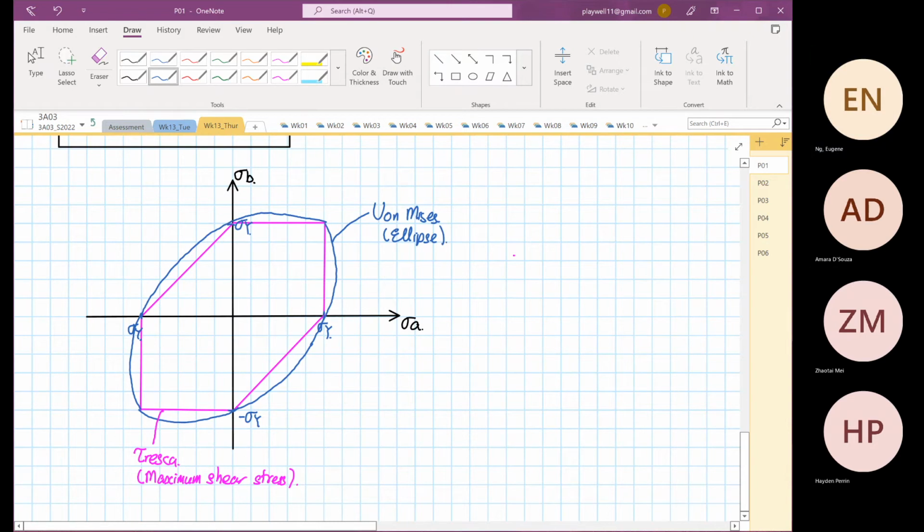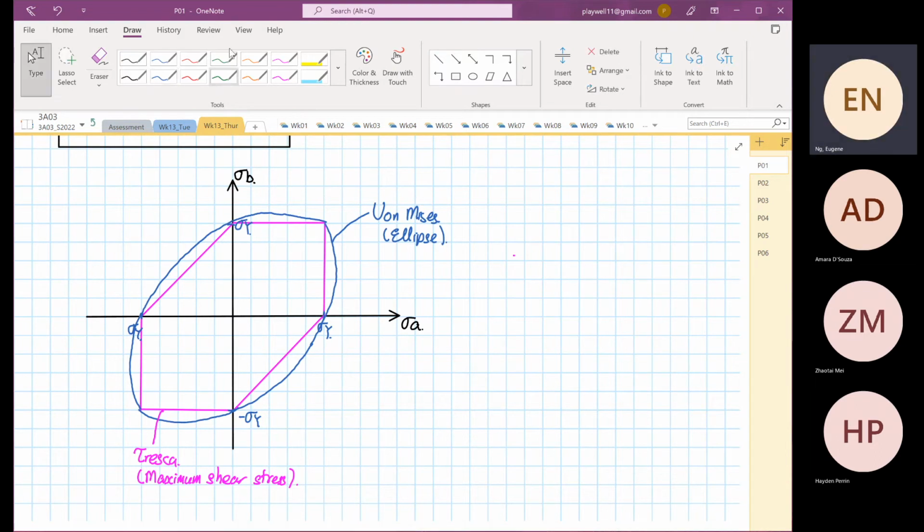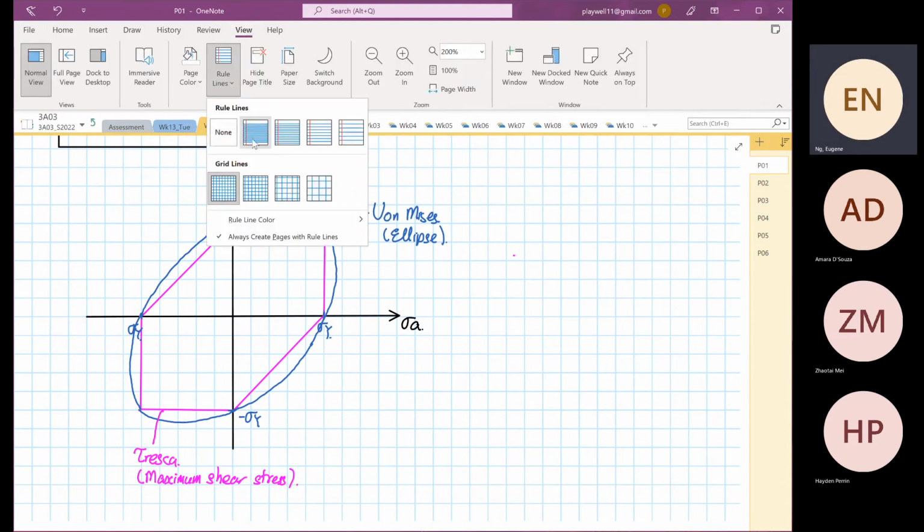Okay, so why does it look like an ellipse? Mathematically there's a reason for it.